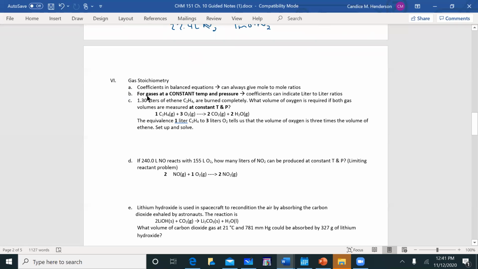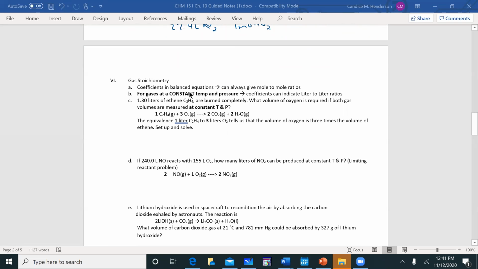So remember, stoichiometry is looking at the coefficients in a balanced equation, which will give us the molar ratio. So for instance, down here, if we take C2H4 and we combust it with oxygen to give us CO2 and H2O, we have these coefficients that sit in the front. Those give us a mole relationship. 1 mole of this needs to combine with 3 moles of this, and they will yield 2 moles of this and 2 moles of the water.